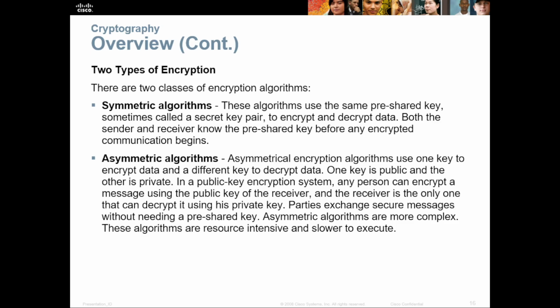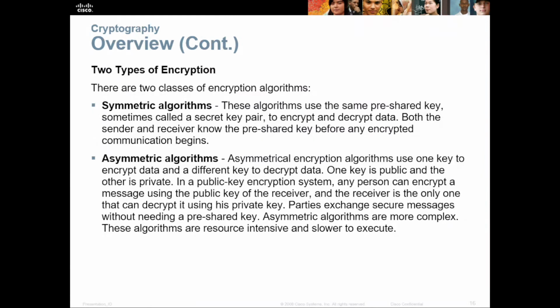So in a public key encryption system, any person can encrypt a message using the public key of the receiver of the message, and the receiver is the only person that can decrypt it, using his private key.